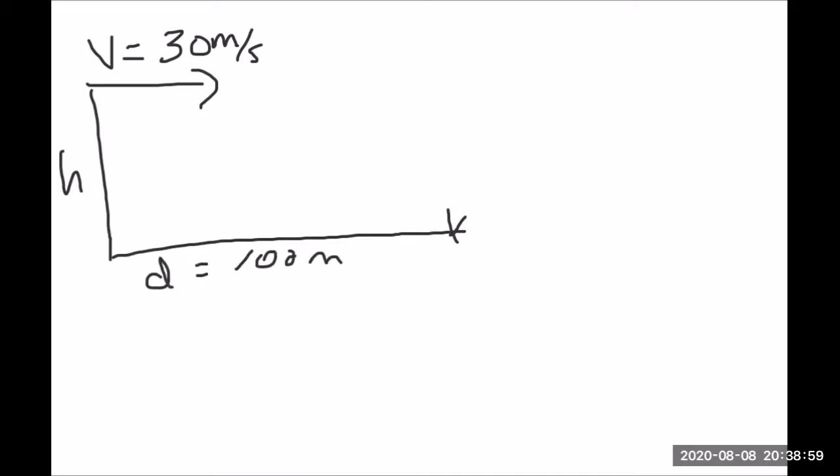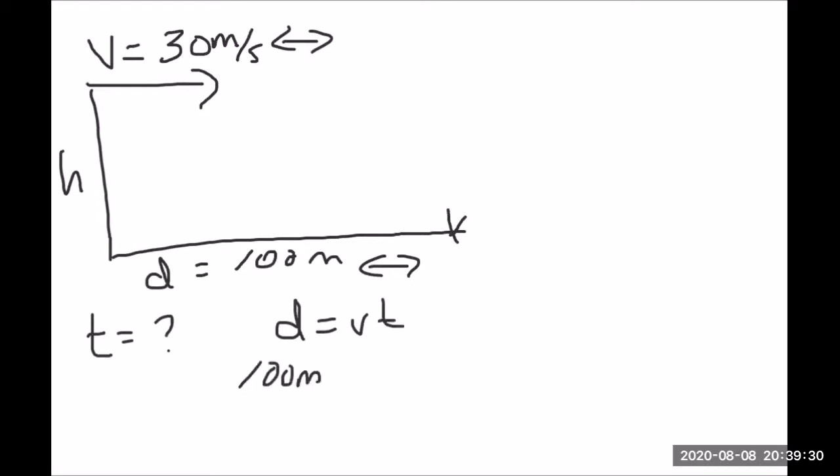Now, even though we're looking for height, the first thing we solve for is still time, okay? We can't use h equals 1/2 gt squared because we don't have an h and we don't have a t, so we don't have enough letters. But velocity is horizontal. Our distance is horizontal, so we can say d equals vt. And we can say our 100 meters is equal to our 30 meters per second times time.